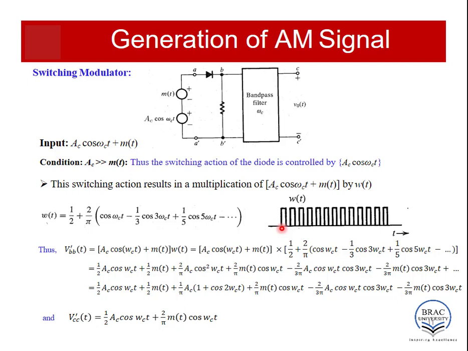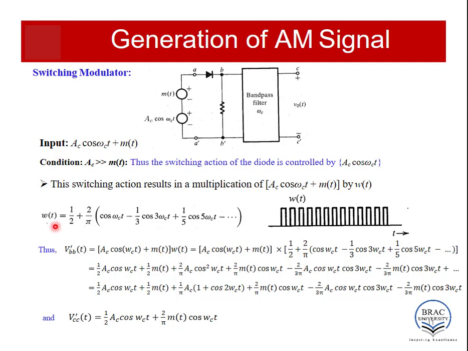As the switching operation depends on the carrier, the frequency of w(t) will also be omega c. So the signal at point B or V'b is Ac cos omega ct plus m(t) multiplied by w(t).